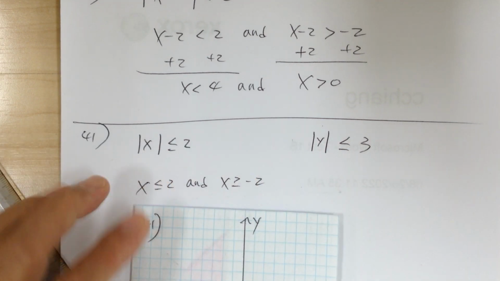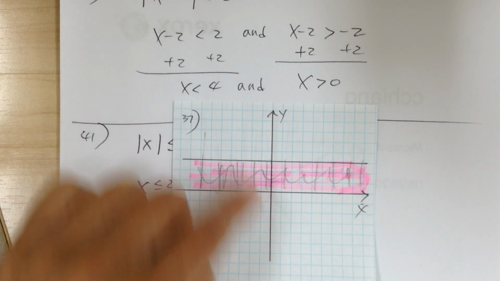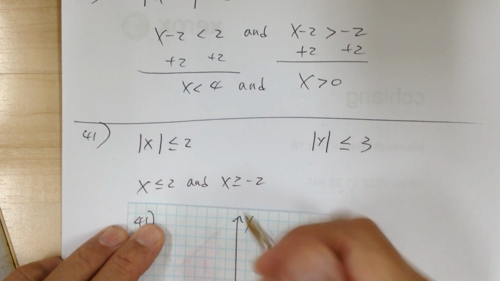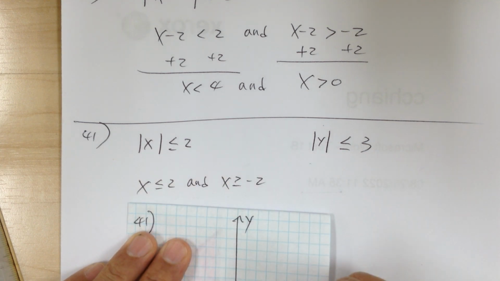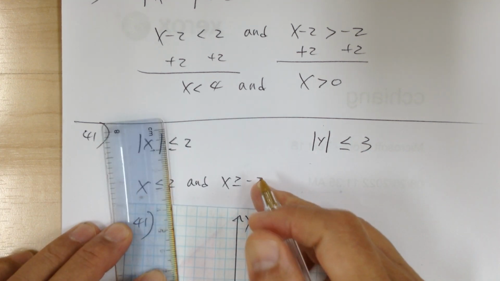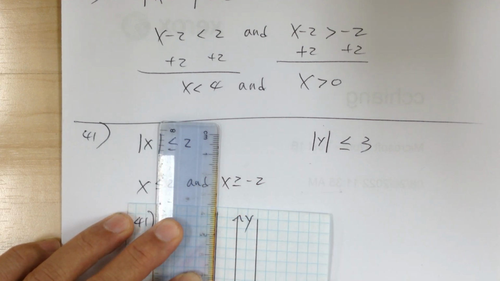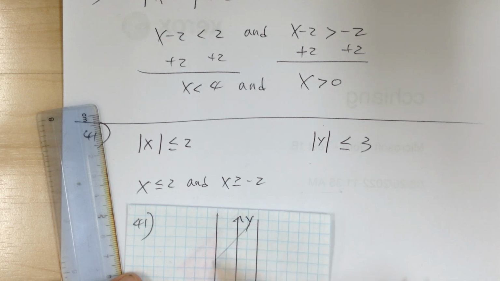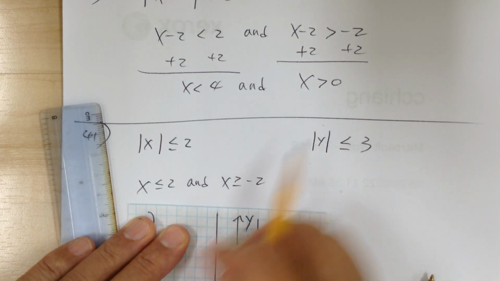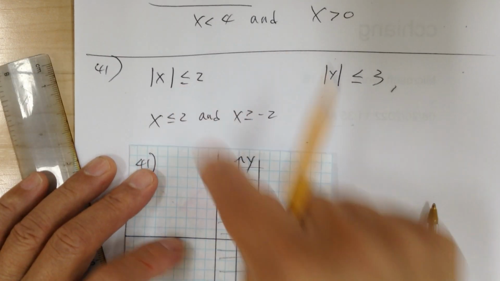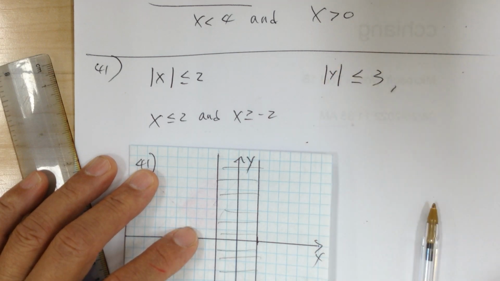This one we kind of have experience with already, basically combining these two. So x is less than or equal to 2 and greater than or equal to negative 2. So this would be this one here. Then you have to do the y.